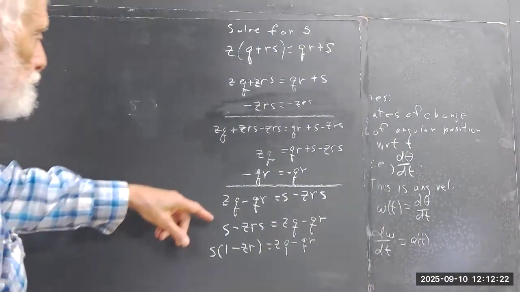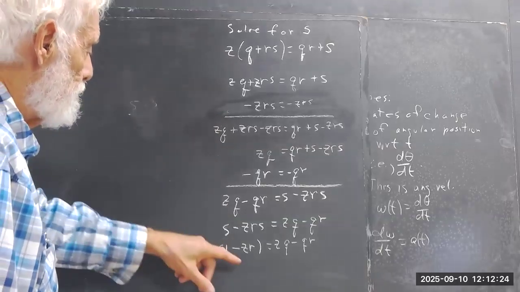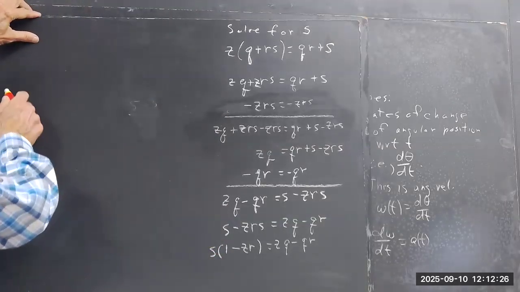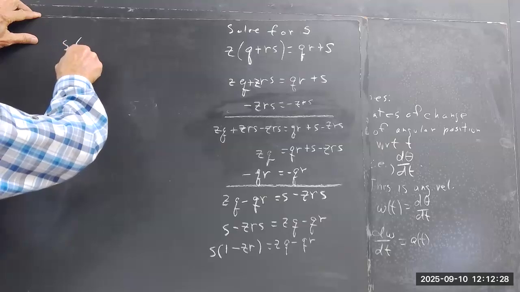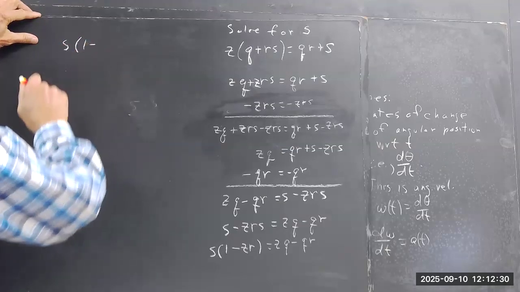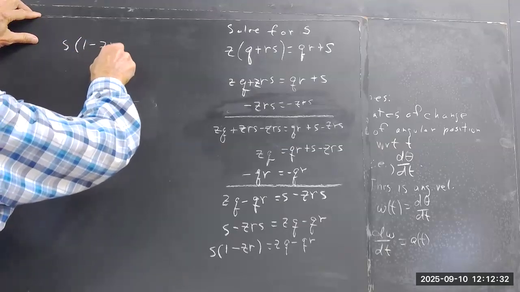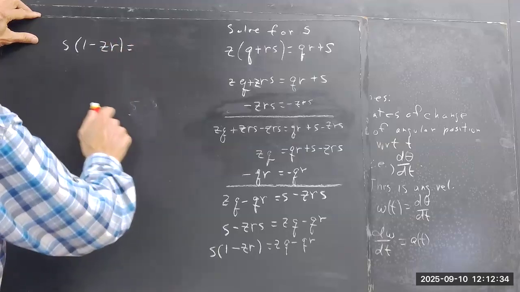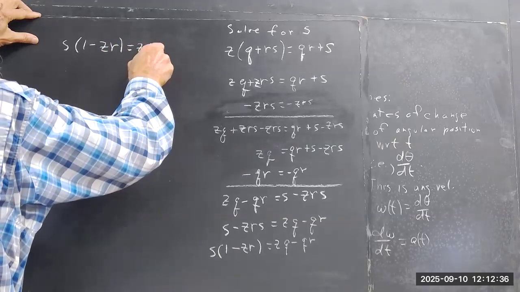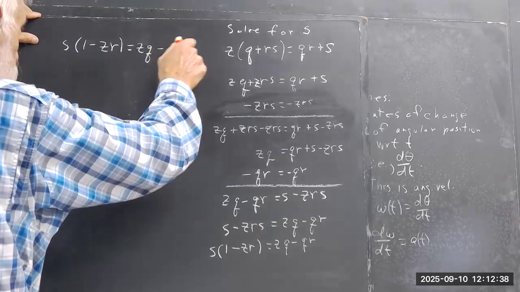So we've reduced this equation to this form. Let me write it up here a little bigger. Try to write it out correctly. And then we get ZQ minus QR, I think.